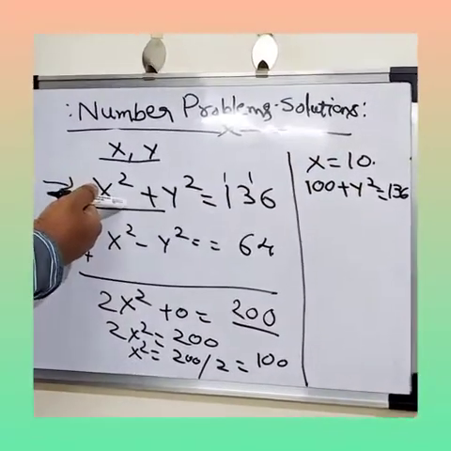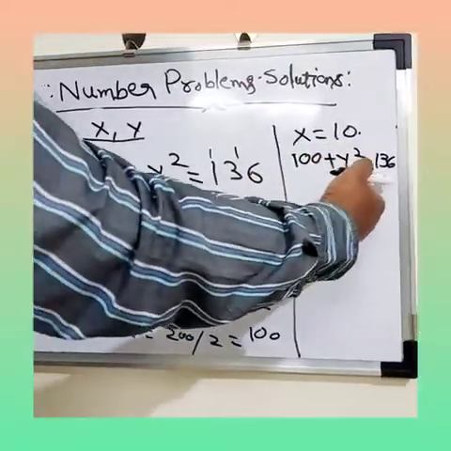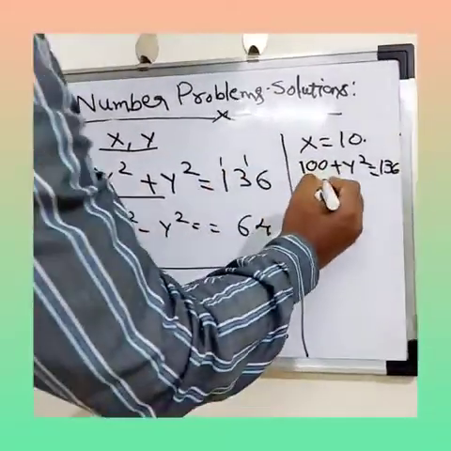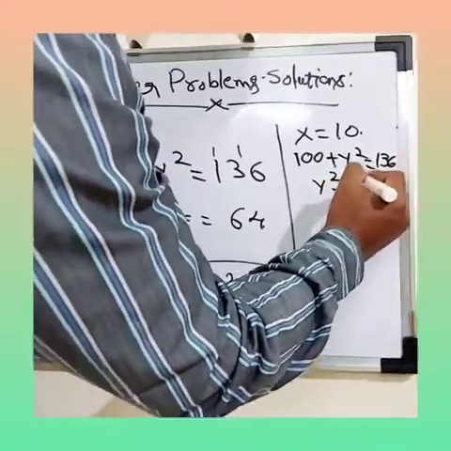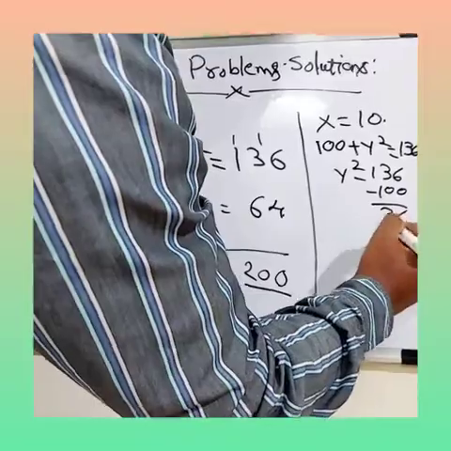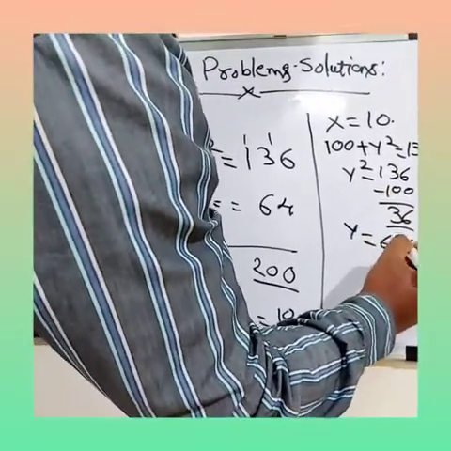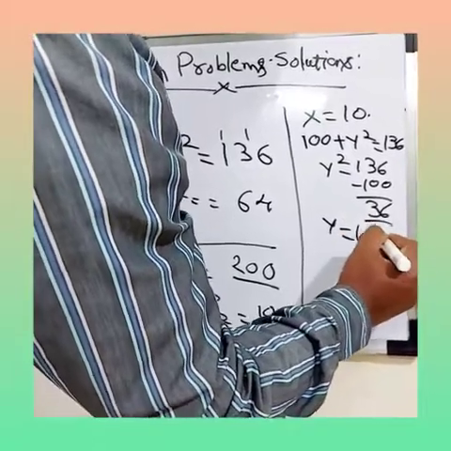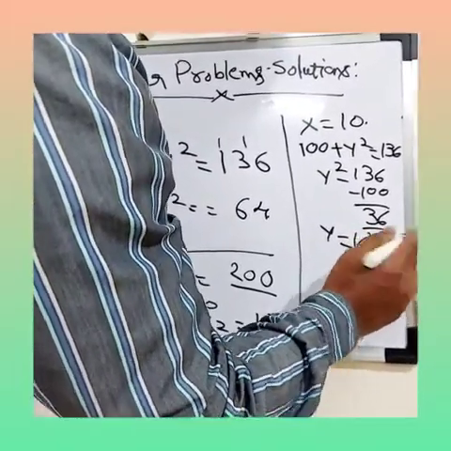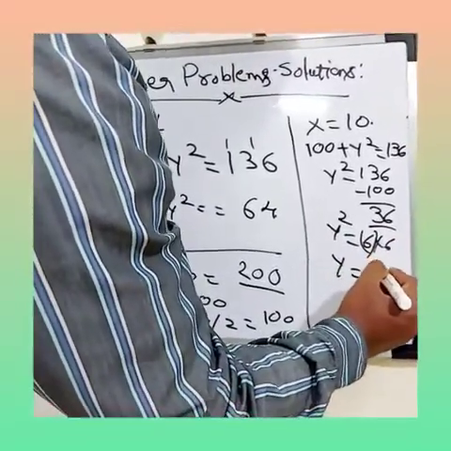When you replace it, x square is 10 square, that is 100, plus y square is equal to 136. So y square is equal to 136 minus 100, that is 36. Then what is the value of y? 6 into 6 is 36, so the value of y is 6.